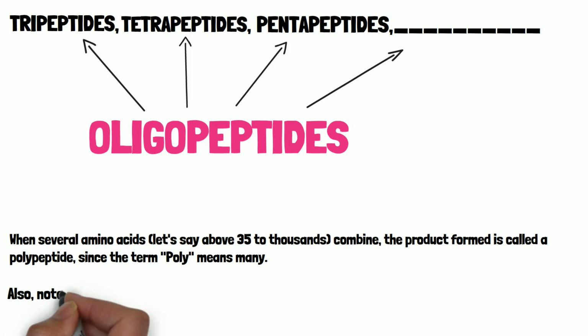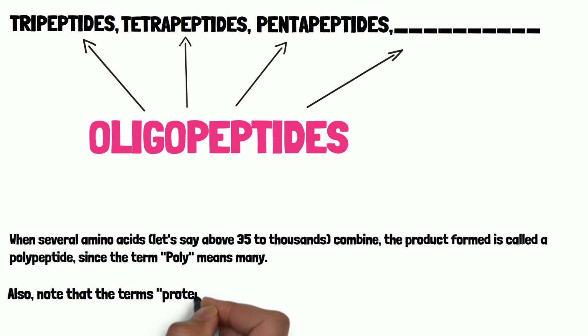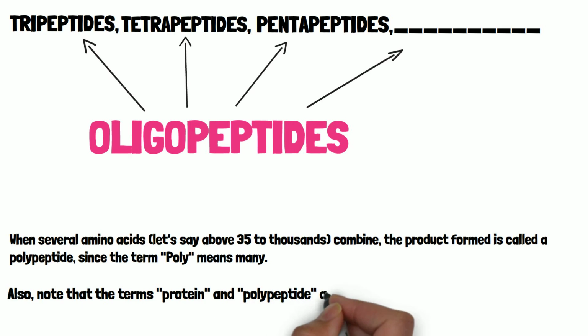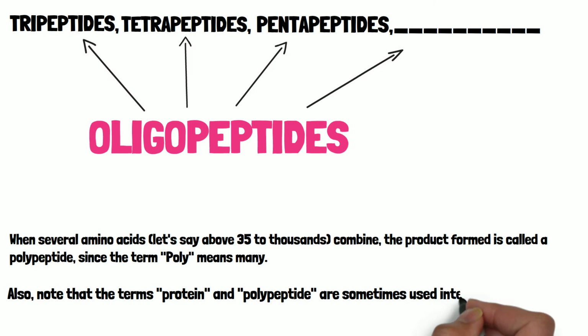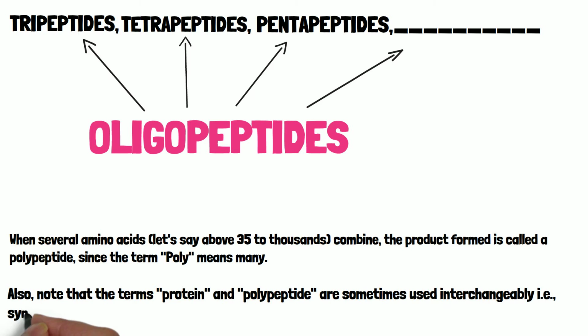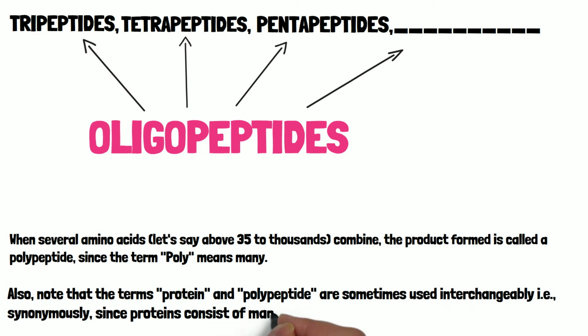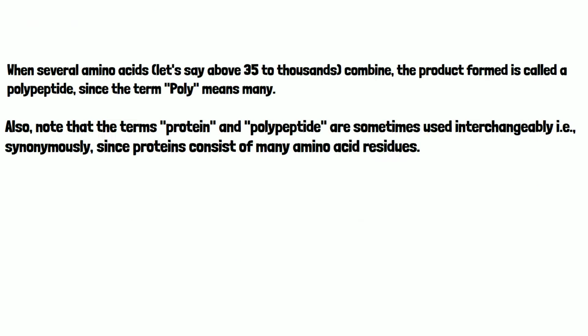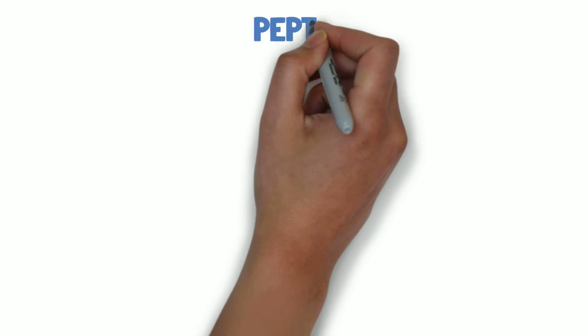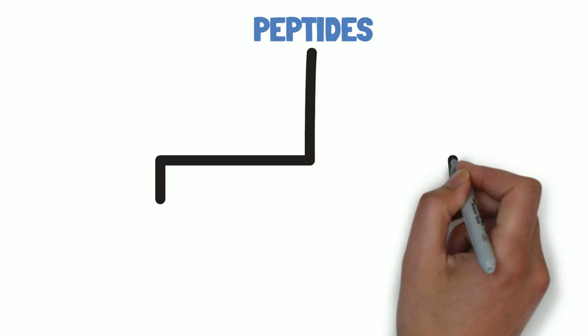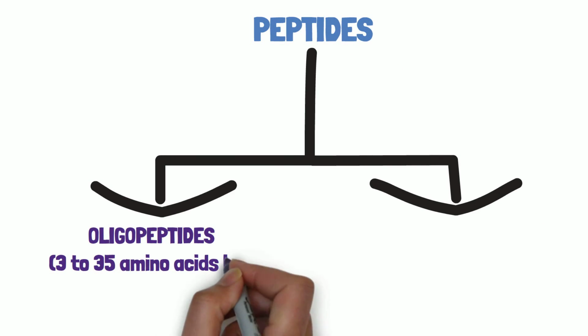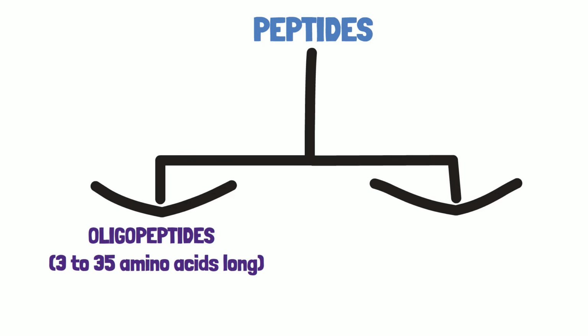Also note that the terms protein and polypeptide are sometimes used interchangeably, that is synonymously, since proteins consist of many amino acid residues. So in general, peptides can be divided into two classes, namely oligopeptides and polypeptides.